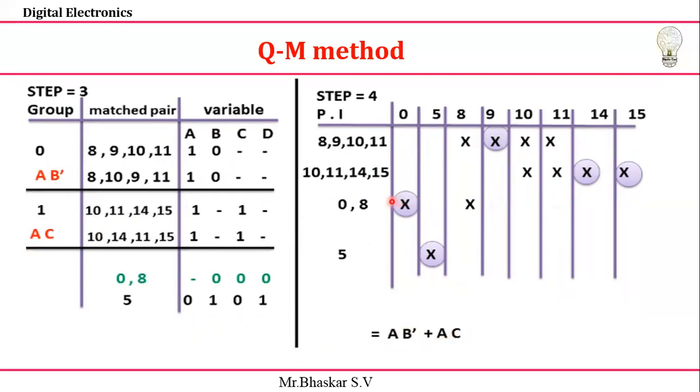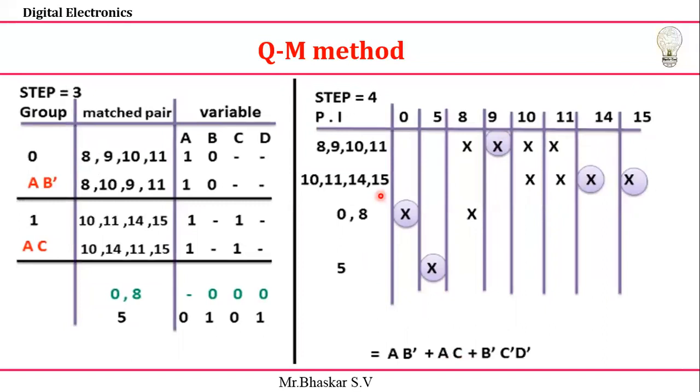Next, the remaining two you have, but this is a single, it is not matched with any row and any column. Then what I'm going to do is directly write the expression of 0 comma 8. What is 0 comma 8? It is nothing but this one, which is not there, you have 0 0 0, B bar, C bar and D bar, and for this one A bar, B, C, D bar. Let's write that one.